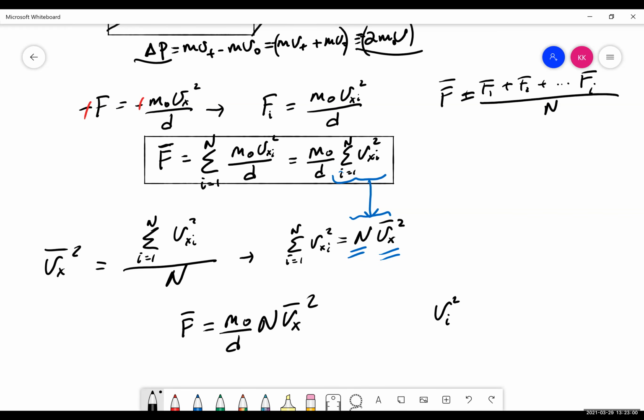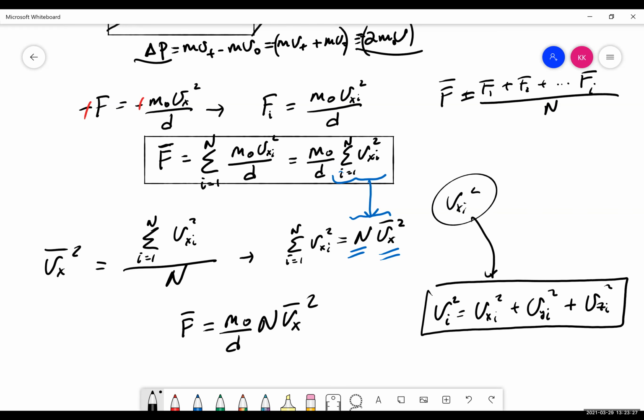That means this Vi squared, or rather this Vxi squared that I had, is only one of the components of the velocity of that particle. It means Vi squared, the velocity of the ith particle squared, is a combination of its horizontal velocity squared plus its vertical velocity squared plus its z velocity squared. That is a more complete picture of the motion of the particle.